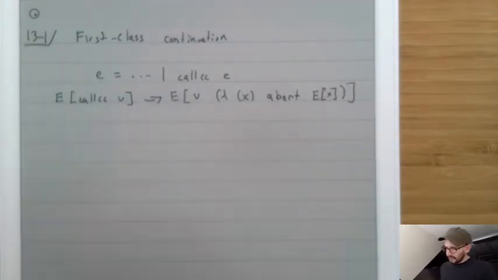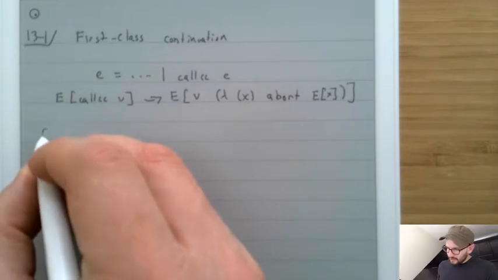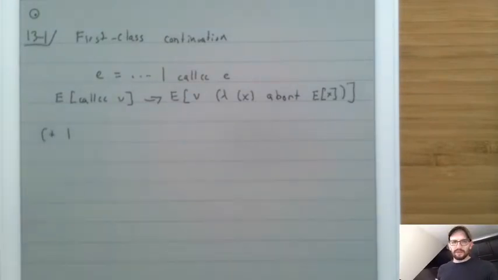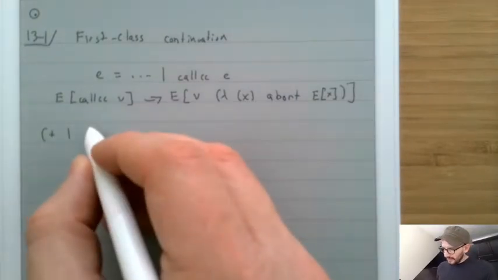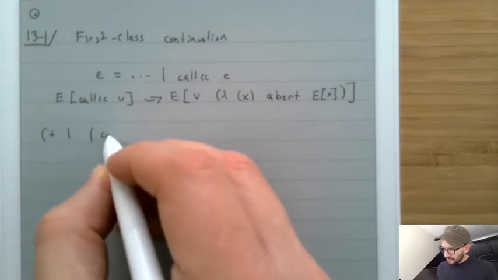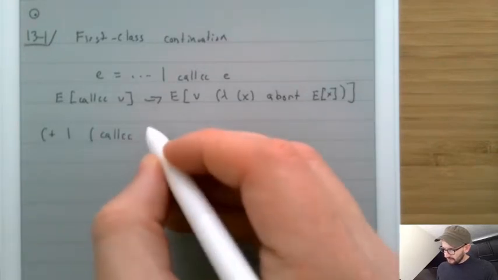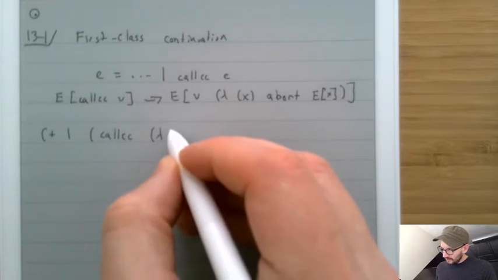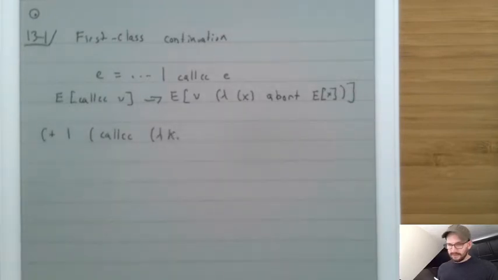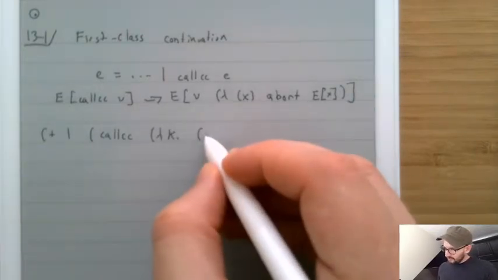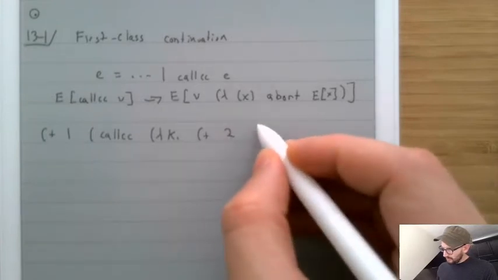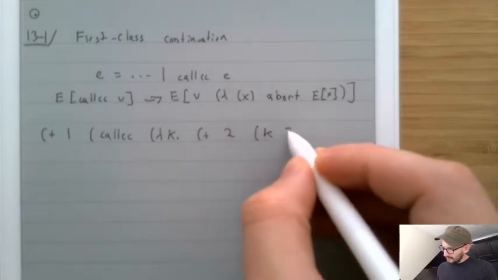So let's look at a little example program. Imagine we have +1, and then we have call CC, lambda k, then we have +2 k3.